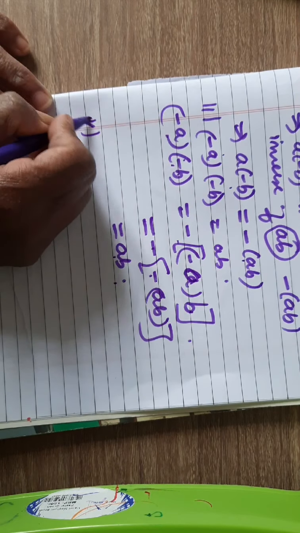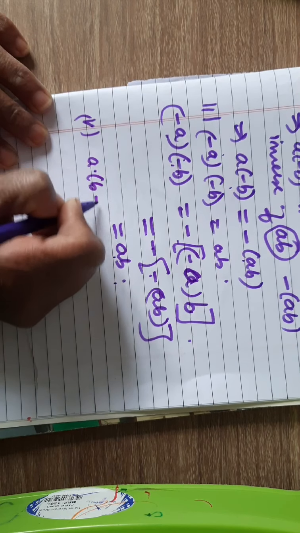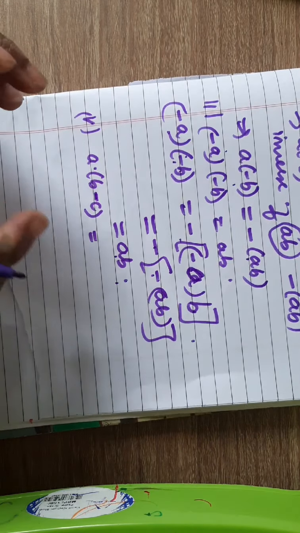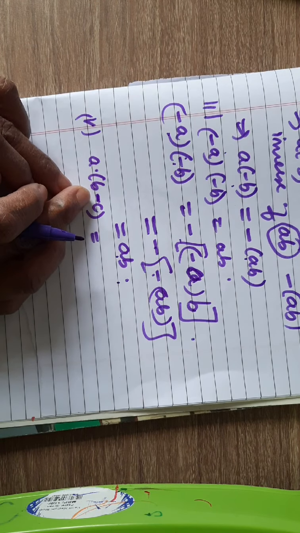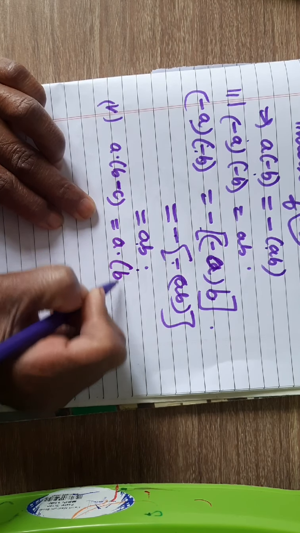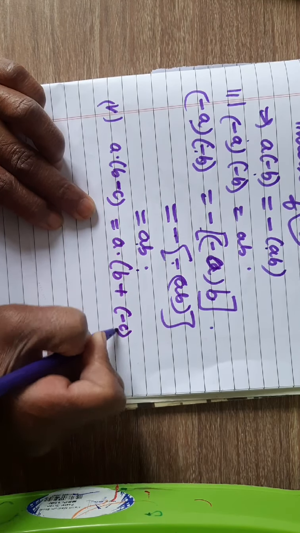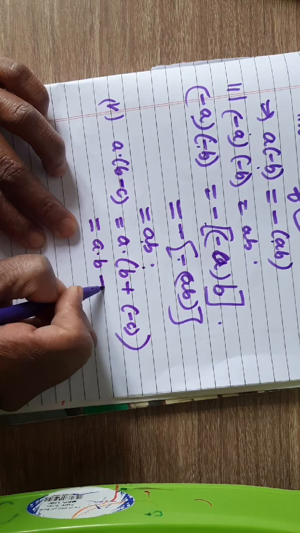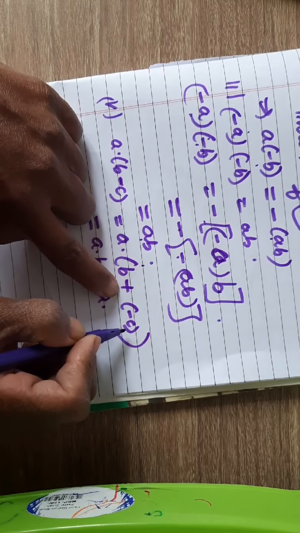And the number 4 property is a · (b − c), equal to what? We know that we have only the binary operations plus and dot, not minus. So how to write this one? You can write it as a · (b + (−c)).